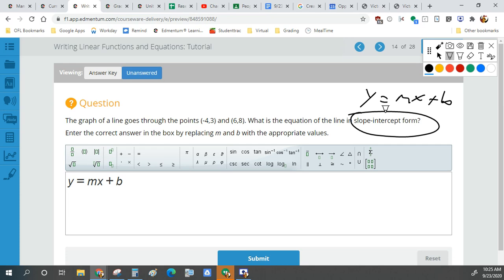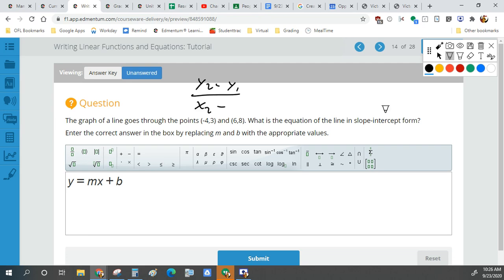So we have to start off with figuring out our slope. So we have to figure out the change. Now we can do this with their formula: the change in y over the change in x.